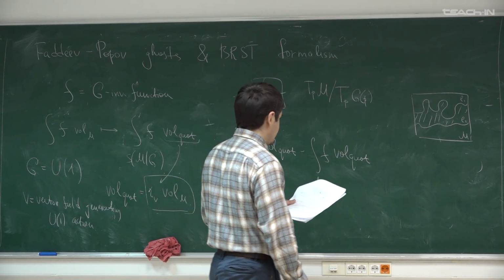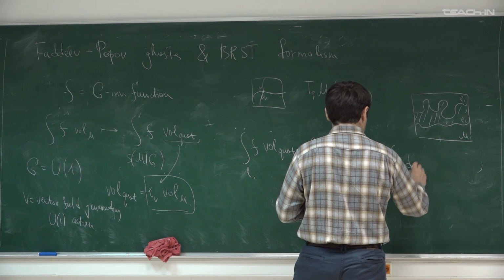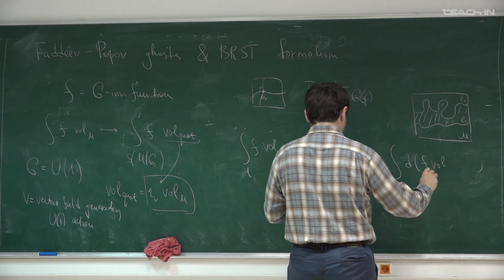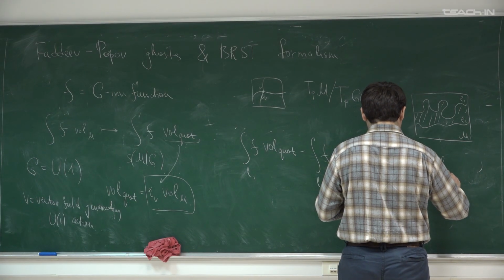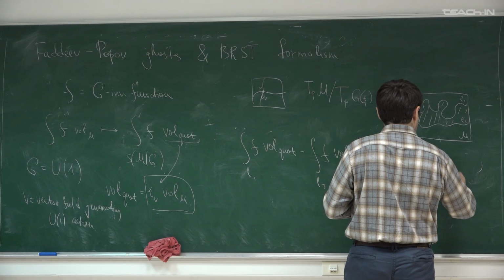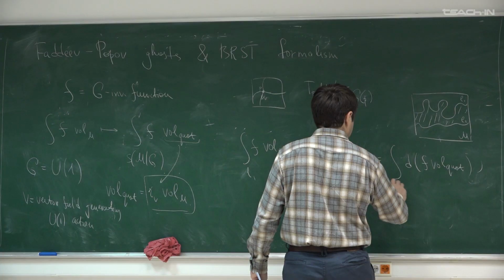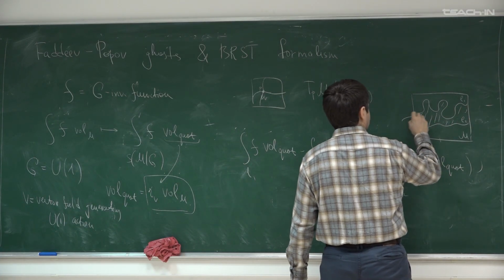So by Stokes' theorem, this is the integral of f of derivative of the form over D12, where D12 is this thing here.